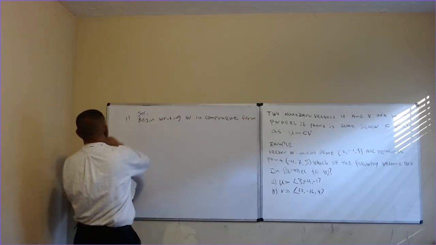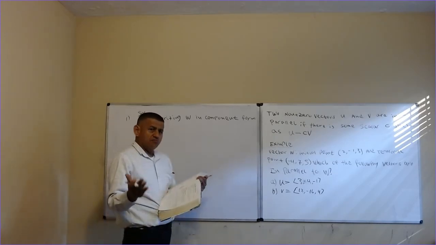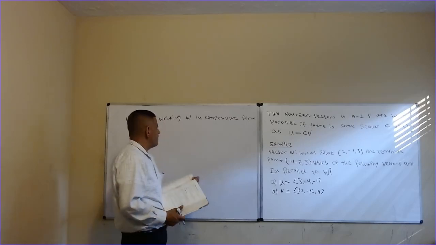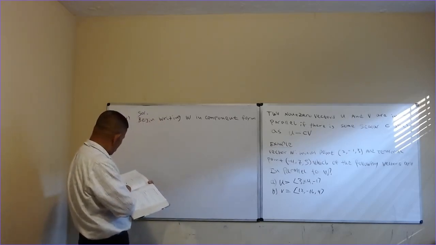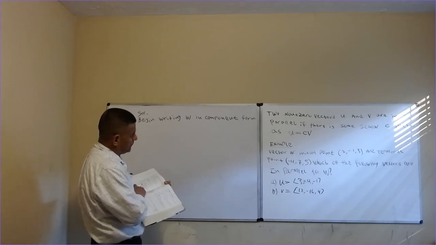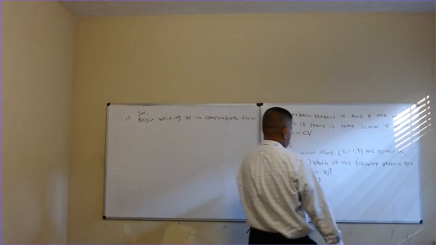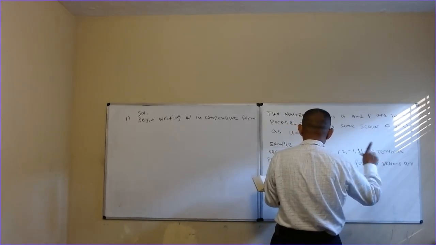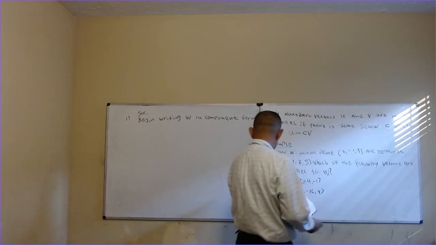So how do we do that? Remember I told you final minus initial, right? So which one is the final? This is the initial and this is the final, right?